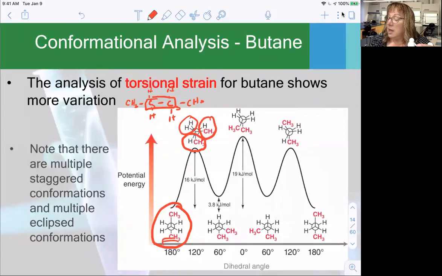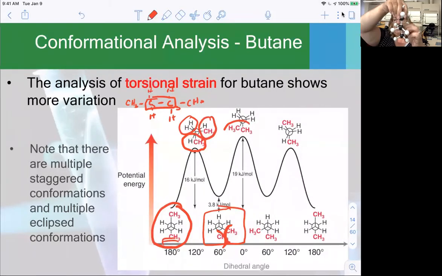Now, before I look at the other eclipsed, I want to look at this staggered. Notice I have some interaction here because this methyl group and this bottom methyl group are really close to each other.